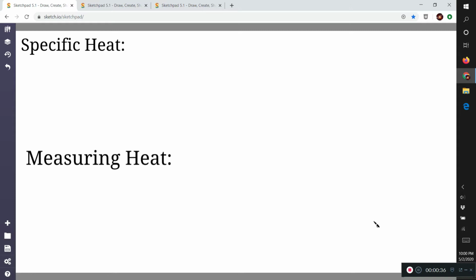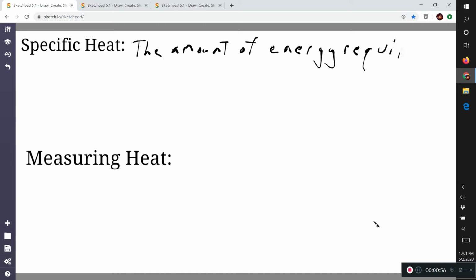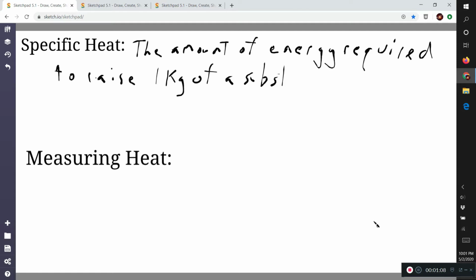Now, every substance heats up slightly differently. We say that different substances have a different specific heat. So, specific heat is the amount of energy required, and we're going to talk about it in metric, although you could switch these units with any other units, to raise 1 kilogram of a substance 1 Kelvin.